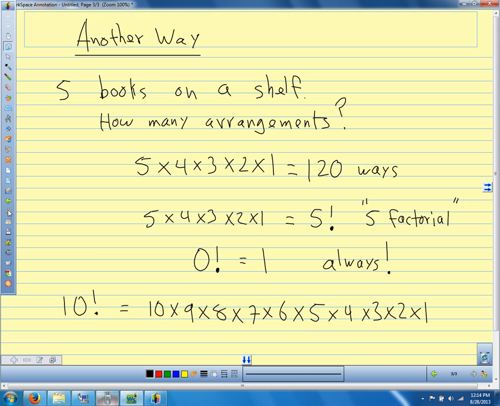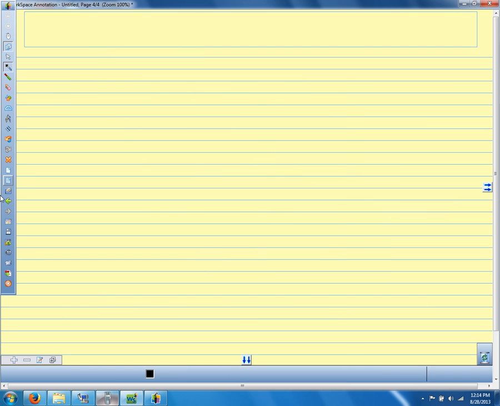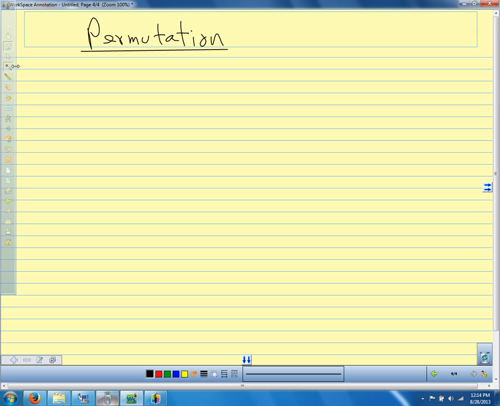So we are going to use factorials to calculate another way of counting things called a permutation. That's what we're going to talk about next. A permutation is when, instead of putting all the things together, we're only taking a portion of a list of things.